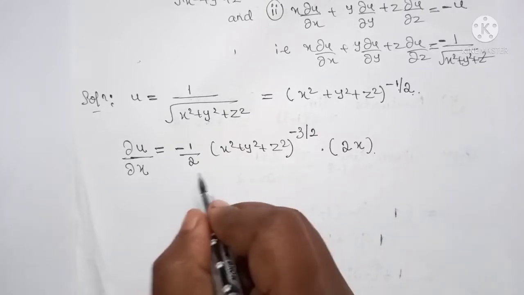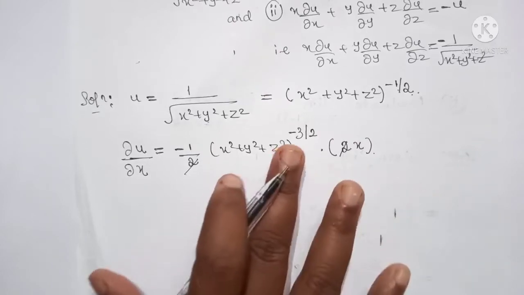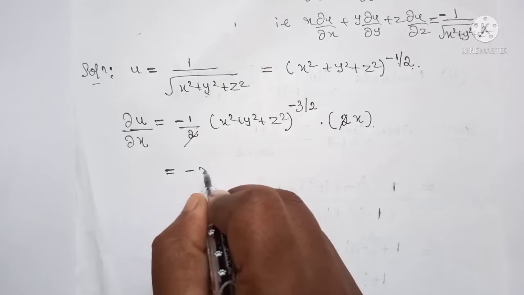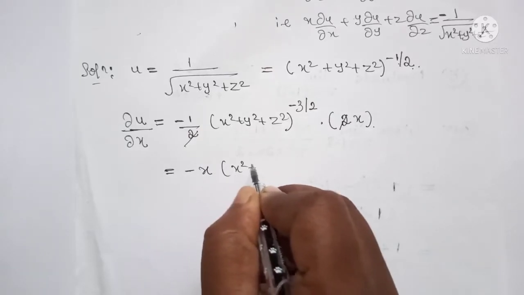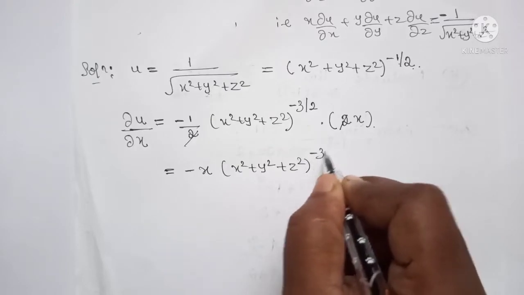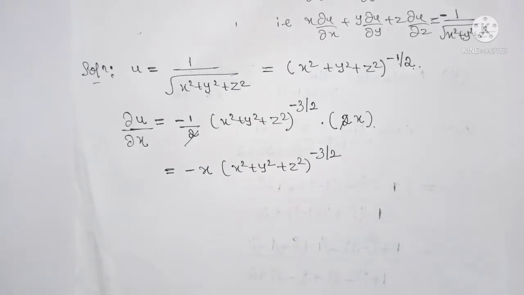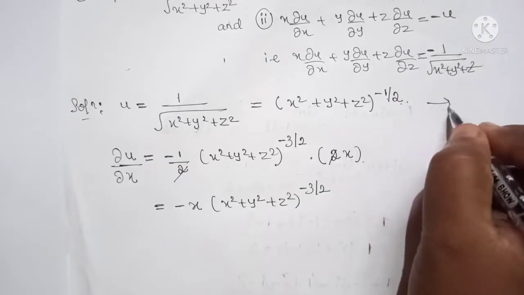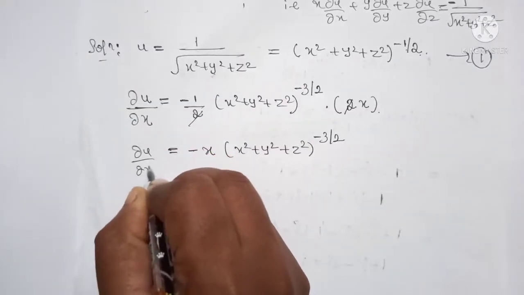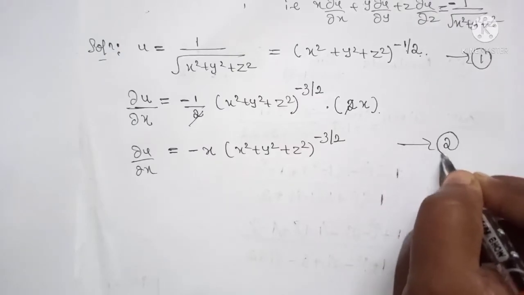This 2 cancels, and we get minus x into (x square plus y square plus z square) power minus 3 by 2. We take this as equation 1, and this is the dou u by dou x value, equation 2.